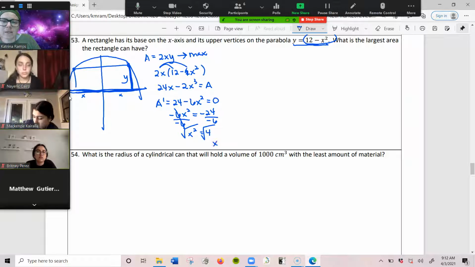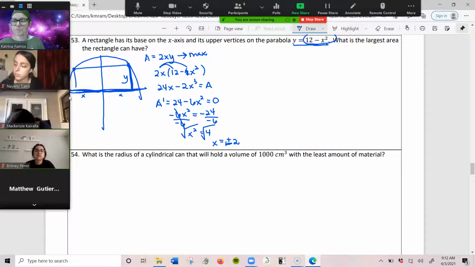So we get x is equal to plus or minus 2. Now both of these are critical numbers. However, remember that x represents that length on the bottom of one of these here. Because it's a length, it can't be negative. So x is equal to just positive 2. That would be our critical number.